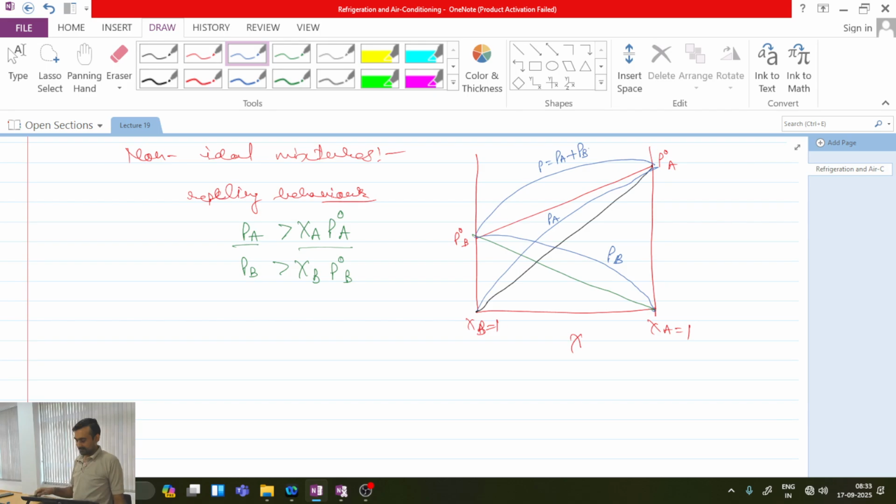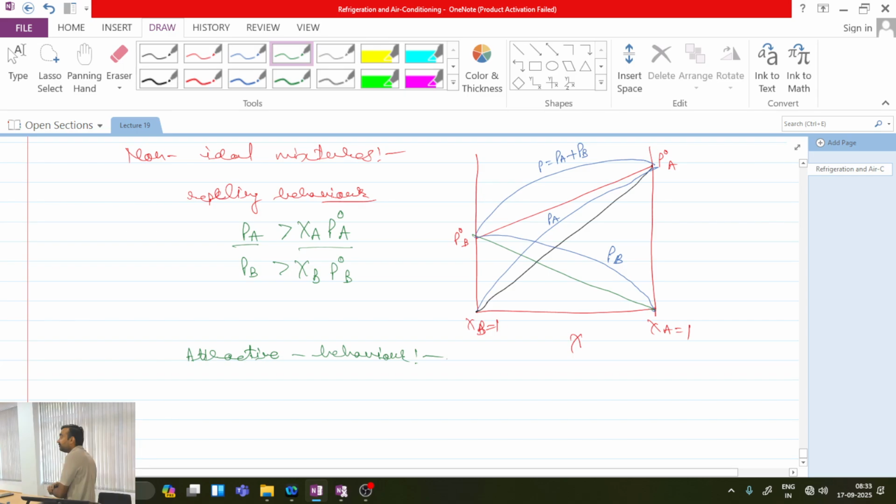Okay. Now let's talk about the other combination. What could be the other combination? The molecules are having attractive behavior. If molecules are having attractive behavior, what will happen?